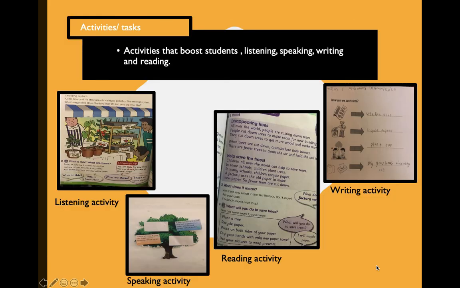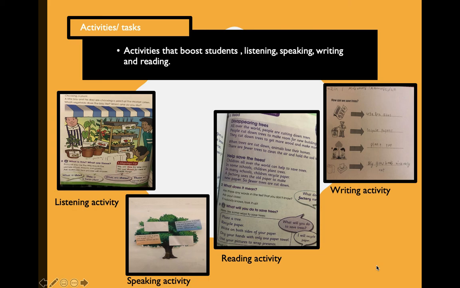Let's move to activities and tasks. The main activities and tasks to teach the contents were to practice students' speaking, reading, listening, and writing.